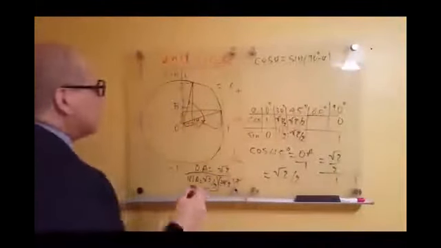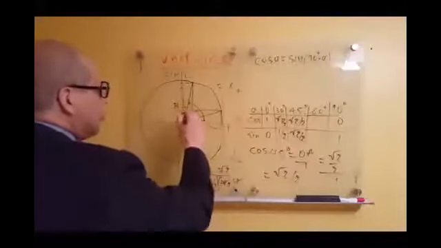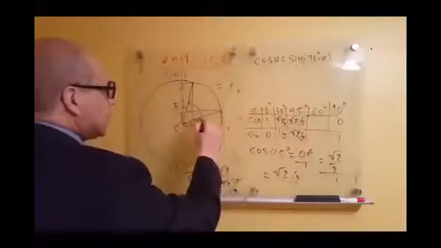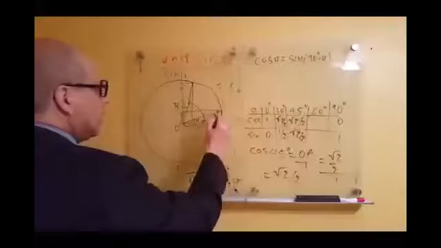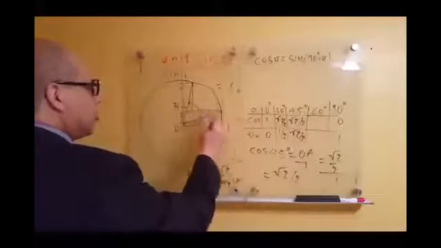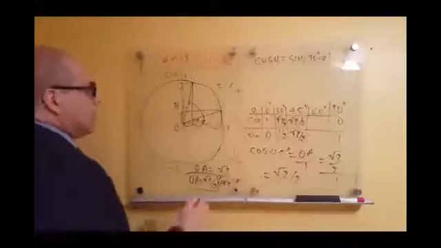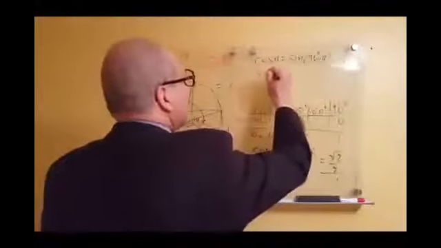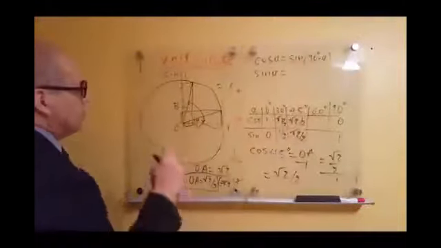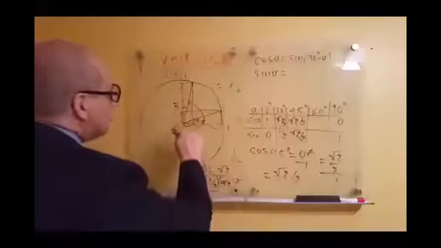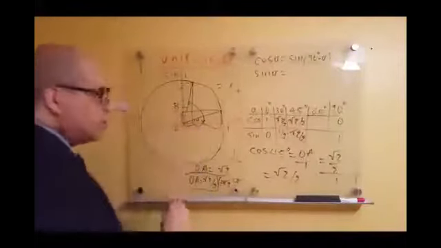Now if you take this from here to here, this is the sine of this angle. The sine of angle A, if you bring the projection from here to here, is this segment here. So the sine of A is equal with this from here to here, which is the same as this here.